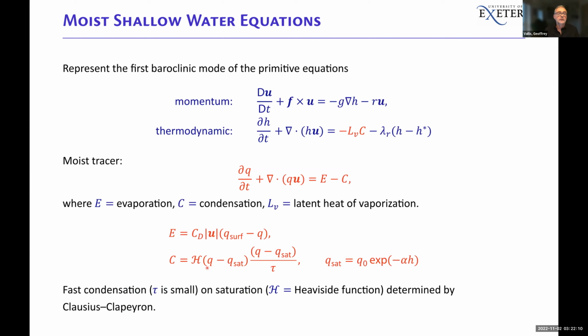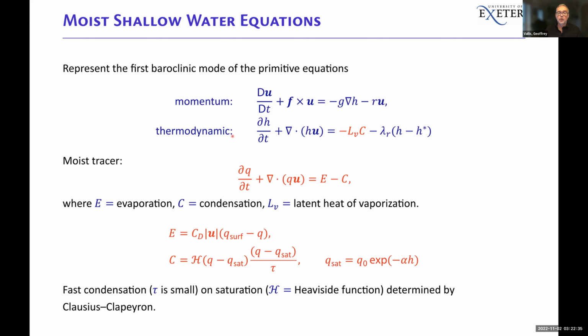So here are the moist shallow water equations I'm going to use. The top two equations, which are the equations in blue, are just the regular shallow water equations, which should be familiar to all of you. Momentum equation, the Coriolis term, the pressure term, and a frictional term.